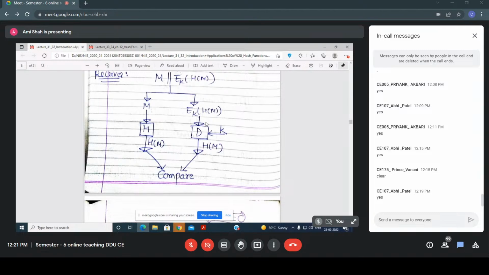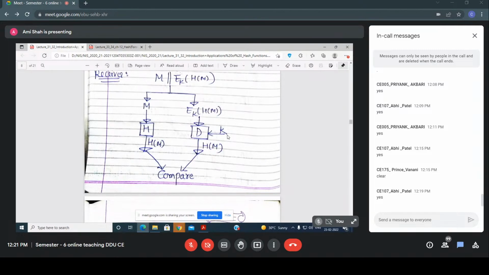And that's why, to prevent this type of attack, we have introduced the concept of digital signature. So again, I repeat, in this scenario Bob decrypts the message, and once he gets the message, he encrypts it again. So Bob modifies the message and then claims that this message is coming from Alice, but it is not.